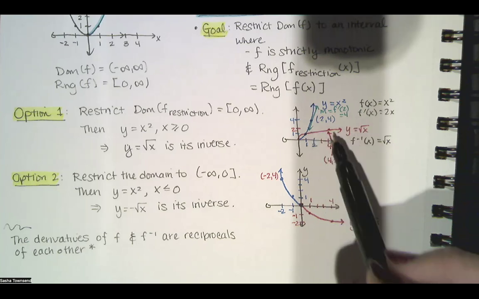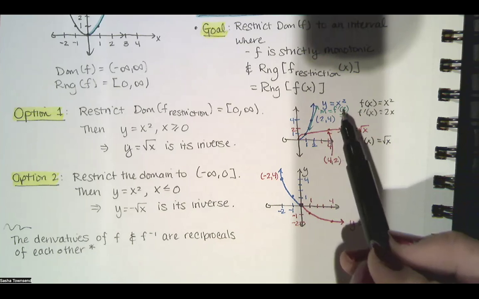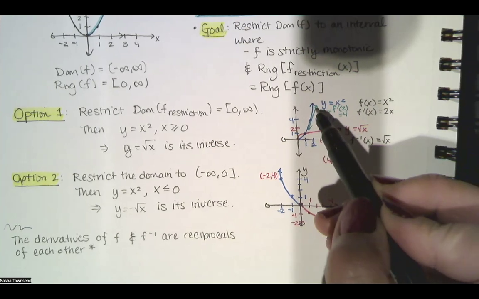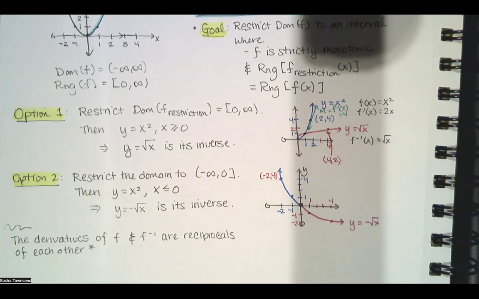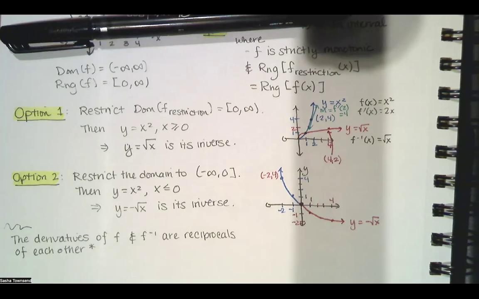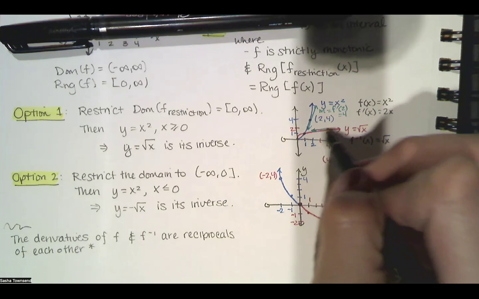So the slope at this location is actually the reciprocal of the slope at that location. So since this original graph has a slope of 4, the inverse function at this point here actually has a slope of 1/4.